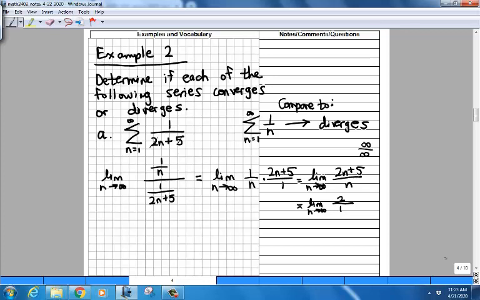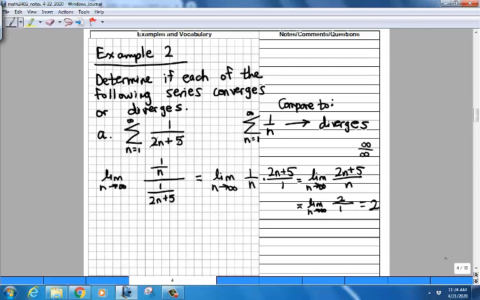This limit is the limit of a constant. 2 over 1 does not depend on the value of n, so this limit is just 2. All right, nice. We can evaluate this limit, and notice that it is between 0 and infinity. 2 is definitely between 0 and infinity.